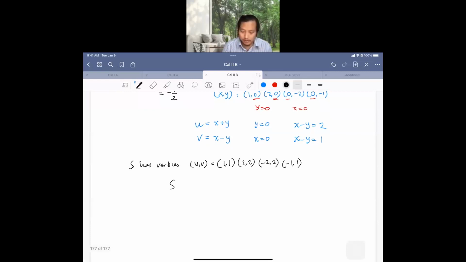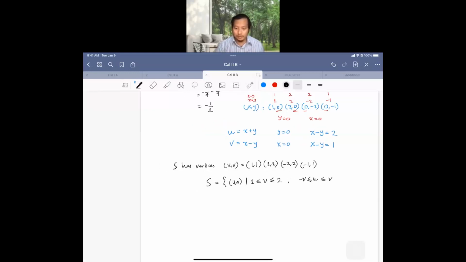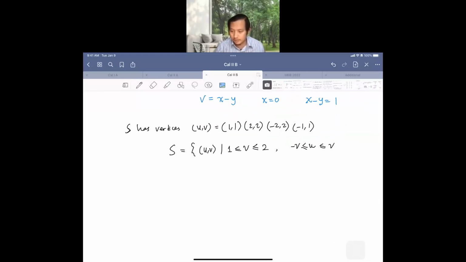And then we can make our interval for v as 1 to 2, right? So v is from 1 to 2, and for u, we can get it from our line equations. Or if you want to draw, let me draw first.